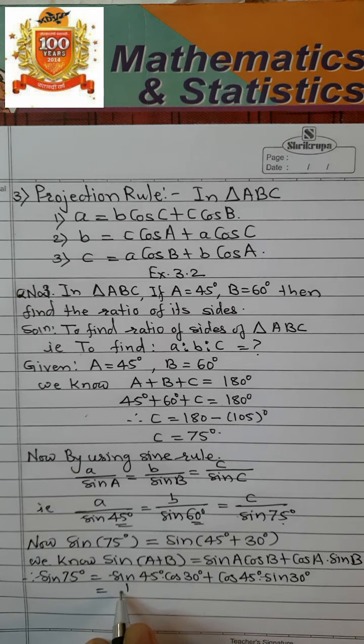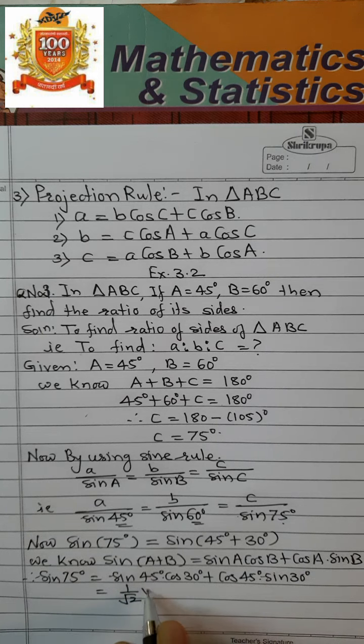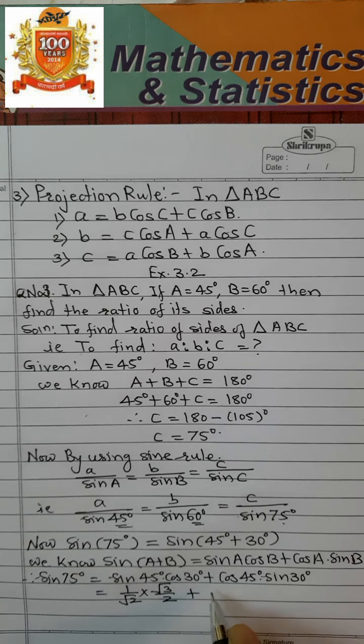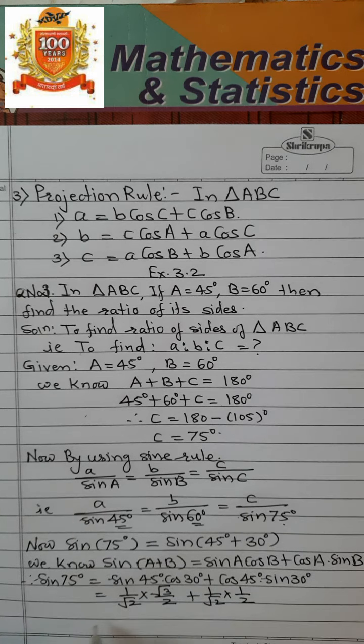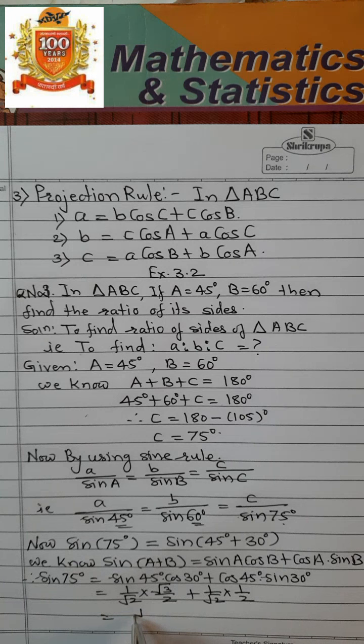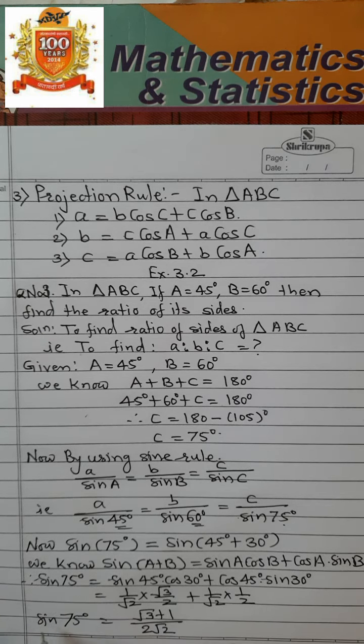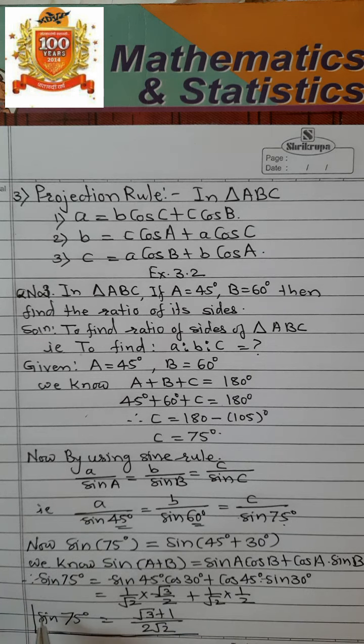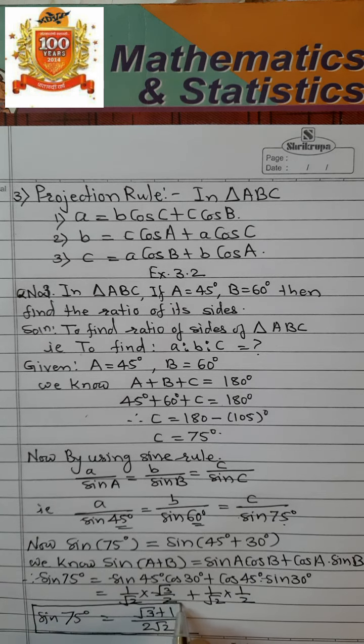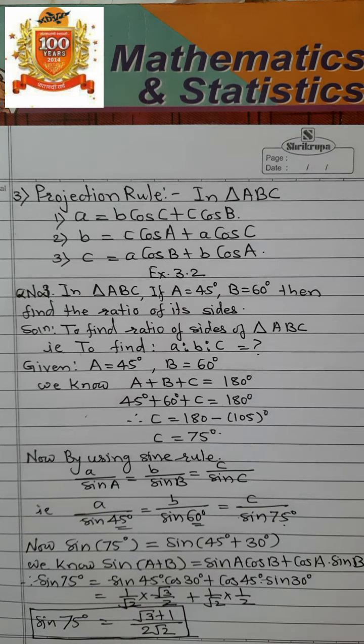We know the values: 1 upon root 2 into root 3 by 2 plus 1 upon root 2 into 1 by 2, that is equal to root 3 plus 1 upon 2 root 2. So sine 75 degree is equal to root 3 plus 1 upon 2 root 2, isn't it?